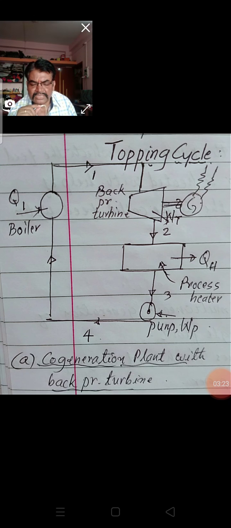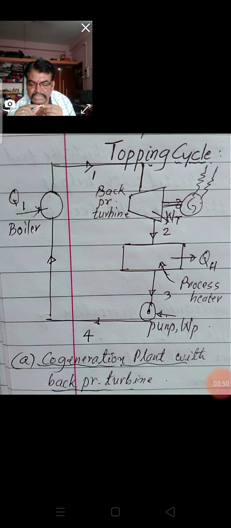What is important here is what a back pressure turbine is. The condenser is removed and the turbine exhaust is led to the process plant. Since the condenser is absent at the exhaust, the exhaust pressure of the turbine is higher and its efficiency is lower.